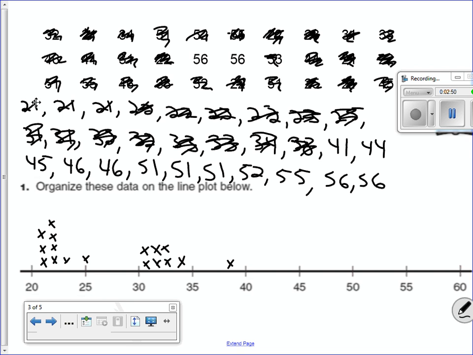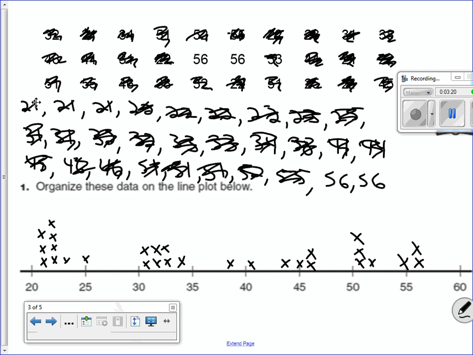So each X represents a number. 41, a 44, a 45, two 46s. Do you see why you wanted to number these in order? 3 51s, a 52, a 55, and two 56s.